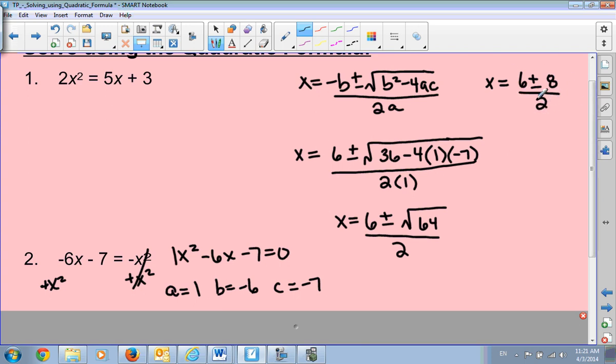Once you get to this point, this is where you can split them into 2, right? So we have 6 plus 8 divided by 2, and we have 6 minus 8 divided by 2. Because we have the plus or minus, you have to do both.